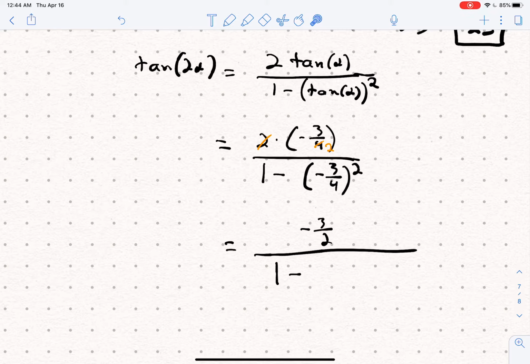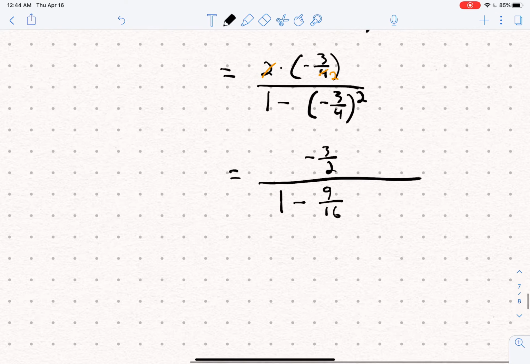When we square the top and square the bottom, we're going to get 9 over 16. All right, so we have a few things that we need to take care of here. There's a bunch of different ways to simplify this. One way, certainly, is to combine together the things on the bottom into a single fraction. So this 1 minus 9 over 16, we're going to put that into a single fraction.